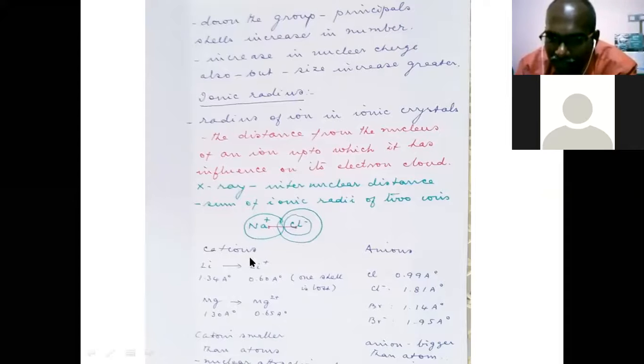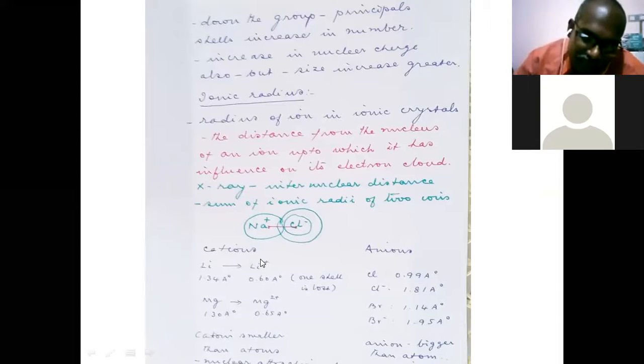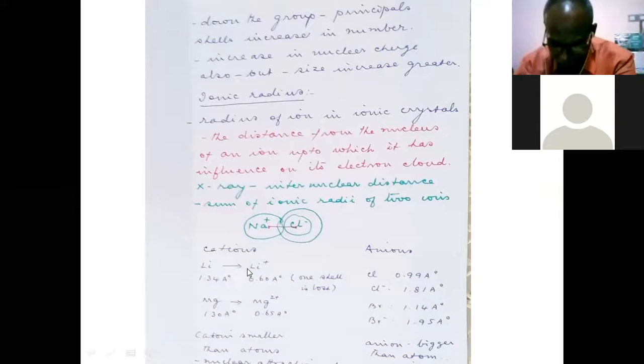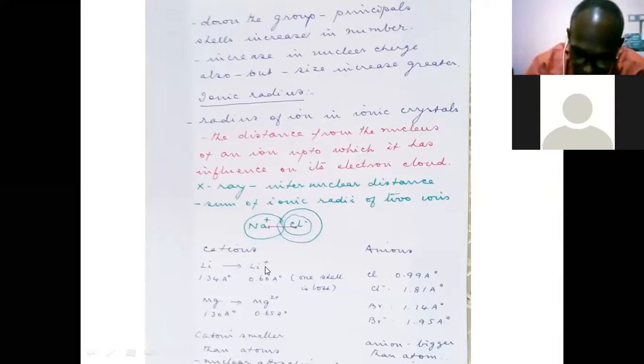In the case of cations, cations means ions which are positively charged, or the ions formed by the loss of electrons. Say lithium, after losing one electron, becomes lithium plus. Actually, this one electron is in the 2s1 orbital, so losing that one electron is something like losing the entire shell itself.